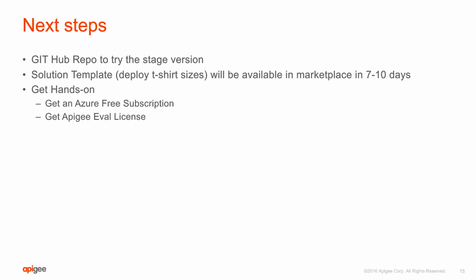In fact, today we do a lot of API volume on our platform. For example, we do 1.5 billion transactions a day, and there's a lot of learning that we took from all of that, and that becomes available to you on Azure with Apigee. And I think that's the biggest value that we would want to provide.